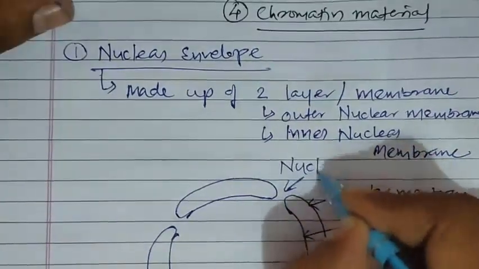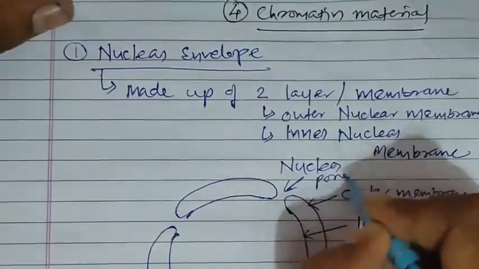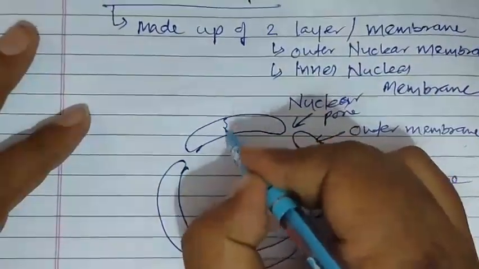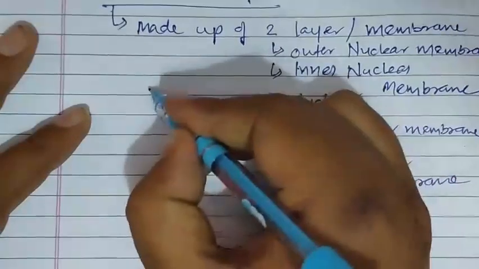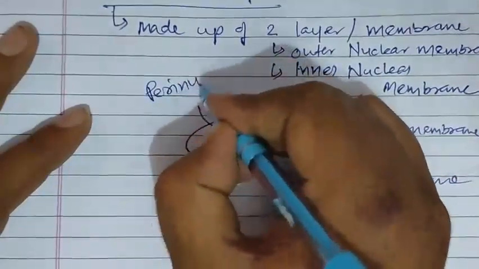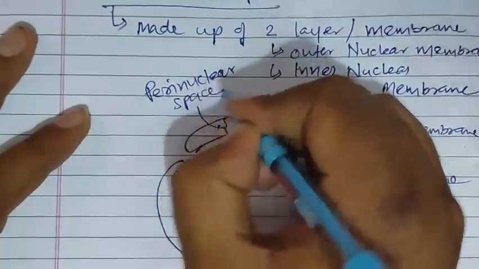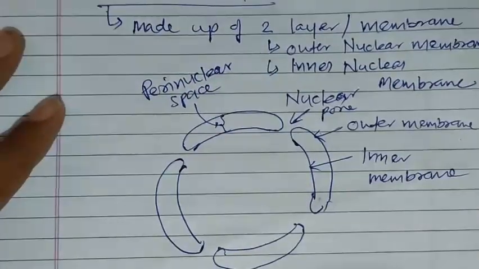This is the nuclear pore. Then the space which is present between these two is known as the perinuclear space.